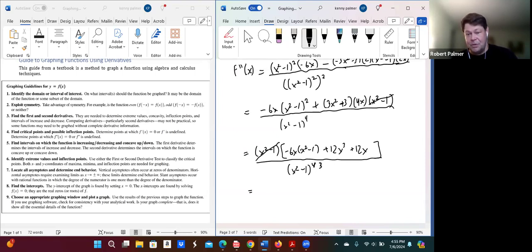Now I need to distribute this right here. So I'll distribute that. I have negative 6x cubed plus 6x, then plus 12x cubed plus 12x. And of course, we're going to combine like terms as we can.